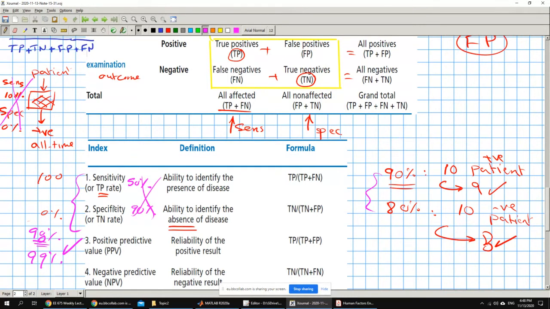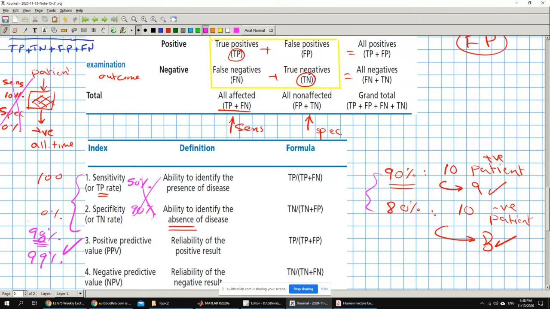For example, I can compare the sensitivity and specificity of MRI versus ultrasound in detecting breast cancer. The sensitivity and specificity give me the numbers to choose which one is the better way of doing this diagnostic test.